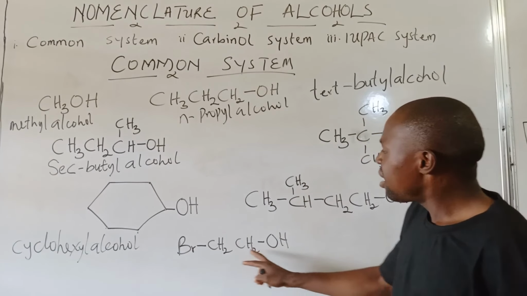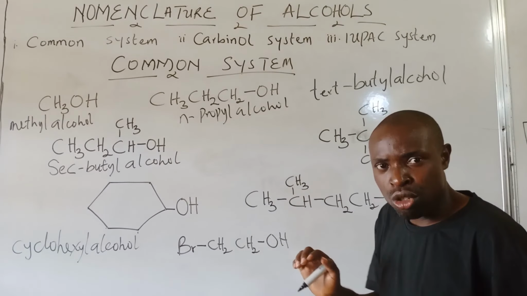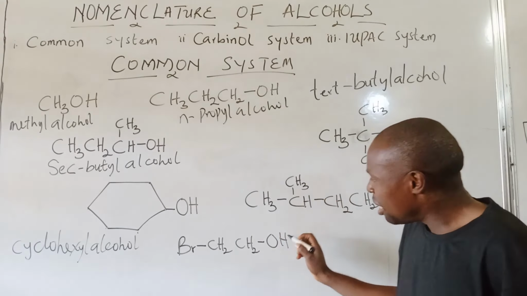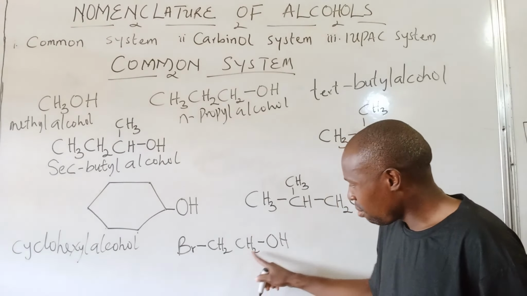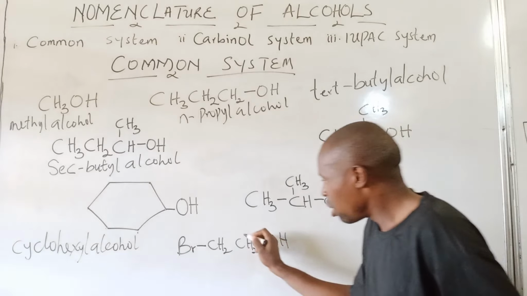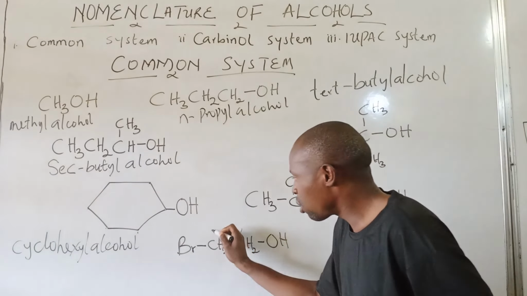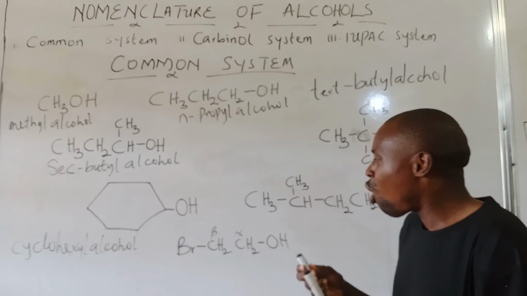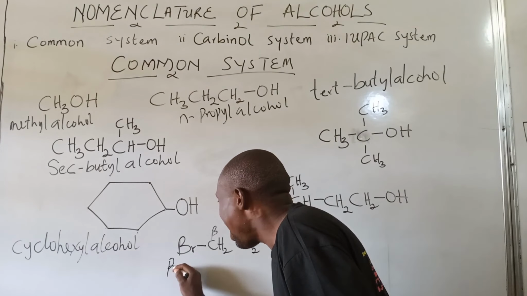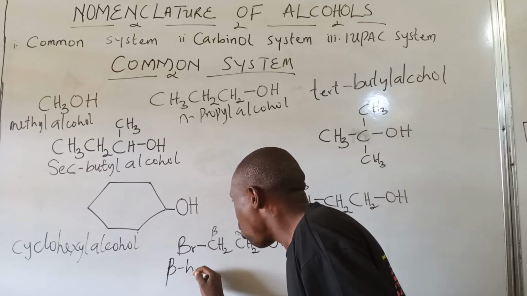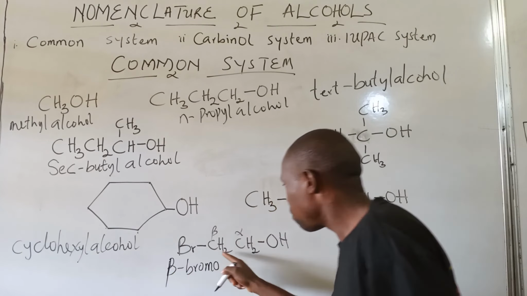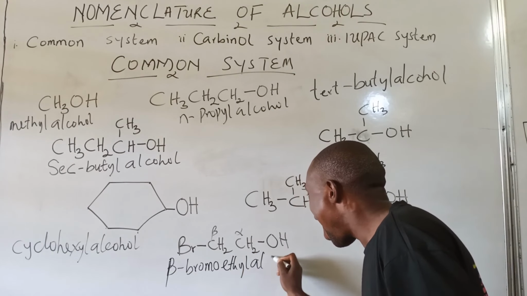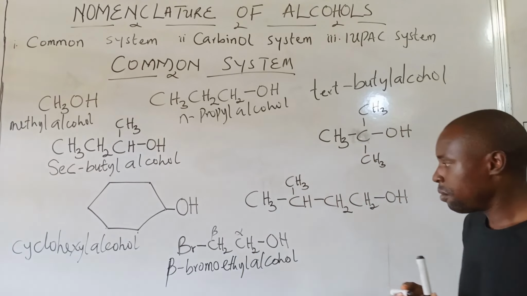In this case here, we use the alpha, beta, gamma system too, so that the first carbon carrying this hydroxy group is called the alpha. This one is called the beta. So if I am to name it, it becomes beta-bromo ethyl alcohol.